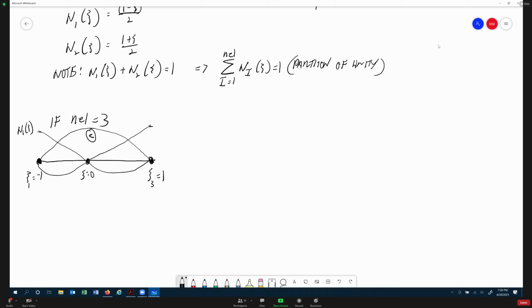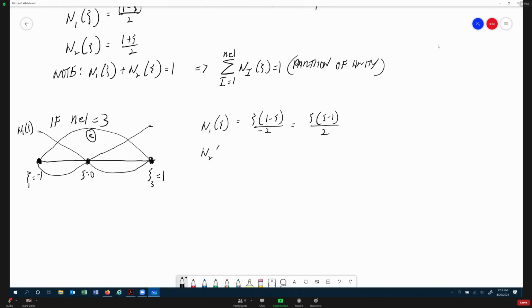In this particular case, the shape function N1 of C is equal to C times (1 minus C) over -2, which simplifies to C times (C minus 1) over 2.